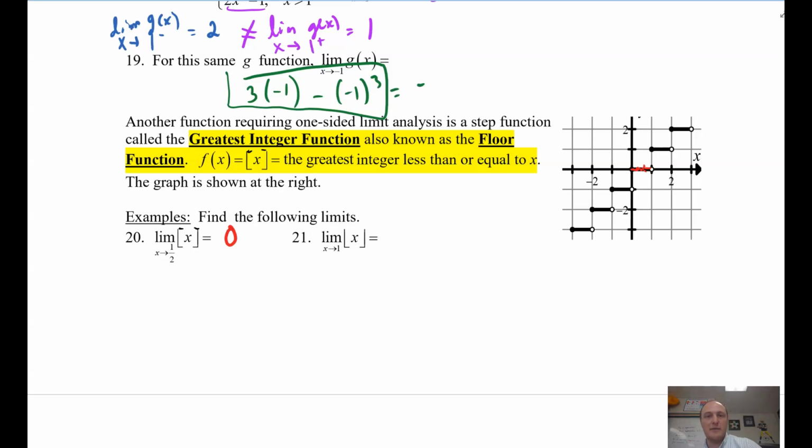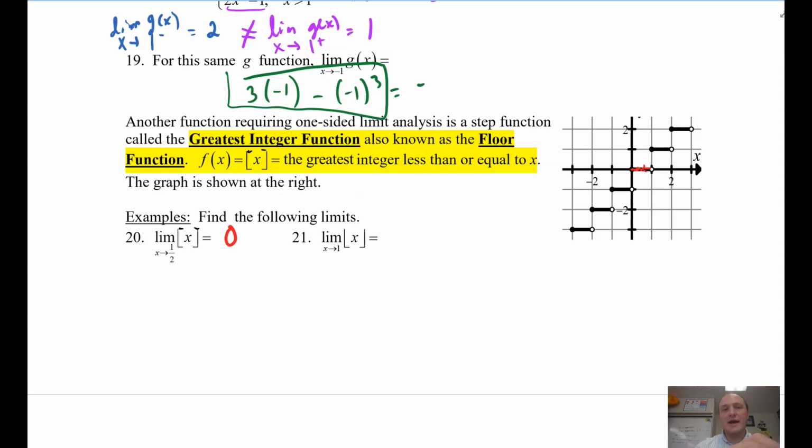So if I'm at 1/2, what's the biggest integer less than or equal to 1/2? That's 0. But if I get to 1, the biggest value less than or equal to 1 is 1. So everything from 1 to 1.1, 1.2, 1.3, all those values are going to be 1.